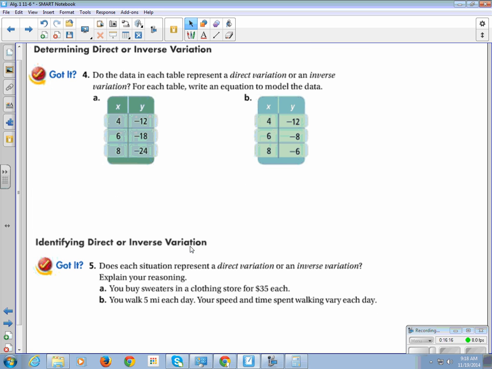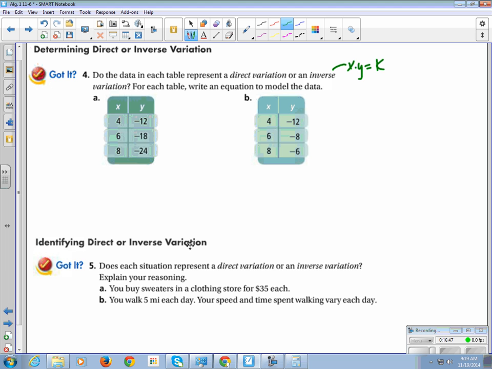If k is negative, it's in the second and fourth quadrant. All right, so we're going to have to do two things. We're going to have to determine if it's direct or inverse, and then identify direct or inverse. So we know that if it's inverse, we have x times y is equal to the k value each time.